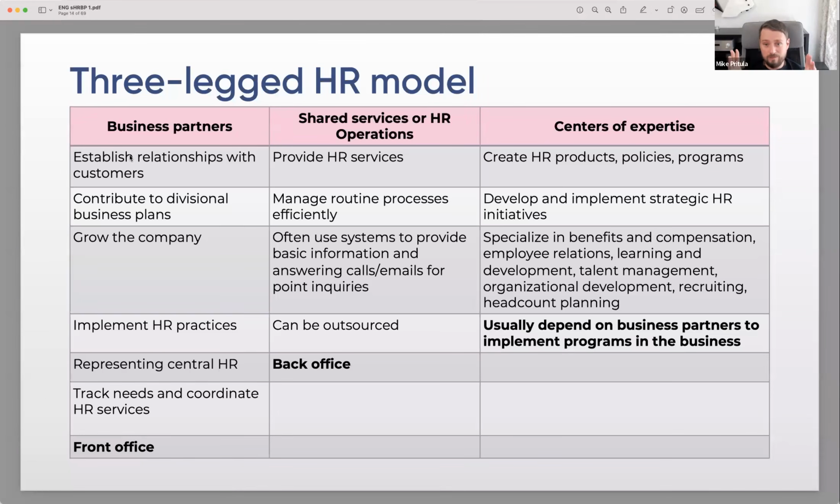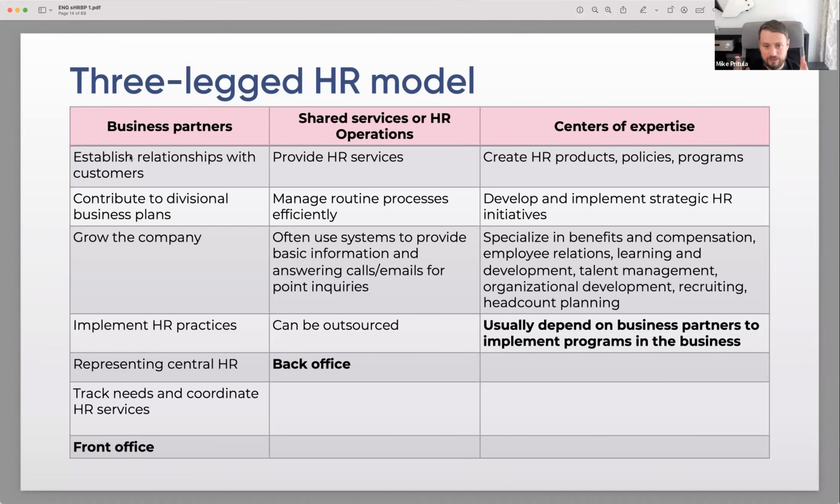If there is no people partners, then HR business partners work with managers and employees at the same time, but more time they spend with managers and less time they spend with employees. Then shared services or HR operations. This model we were building at Wargaming, and I helped to build this model actually.